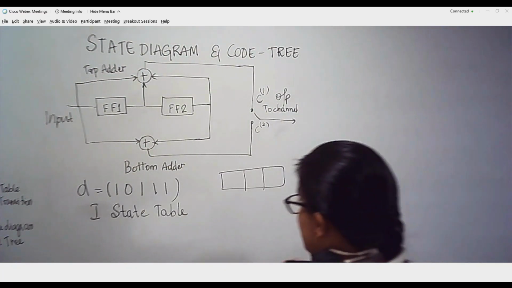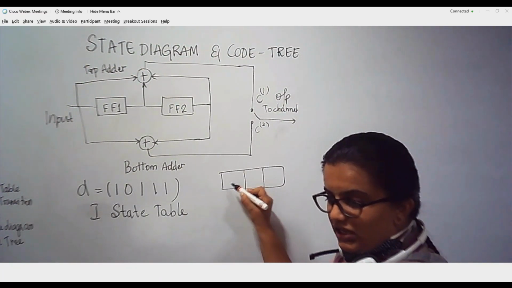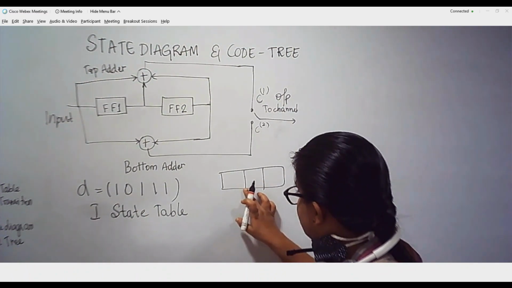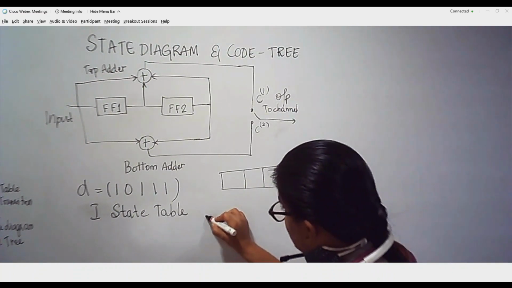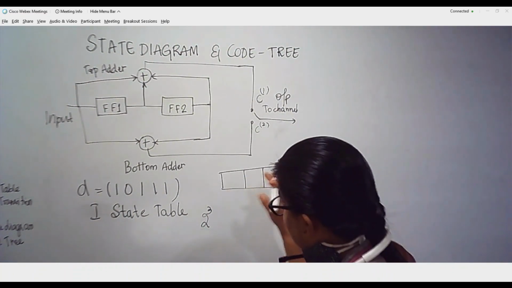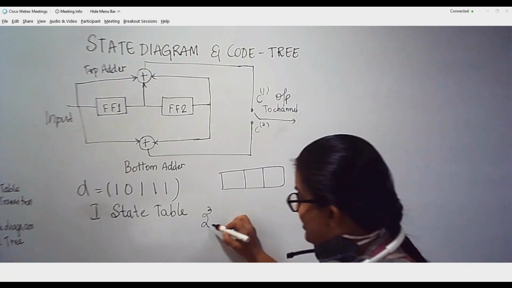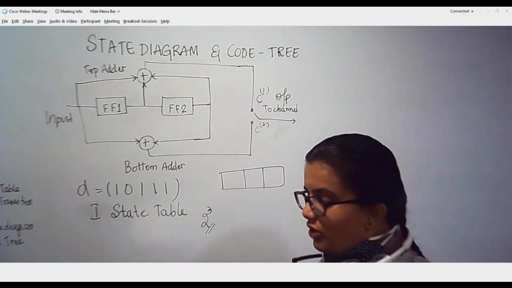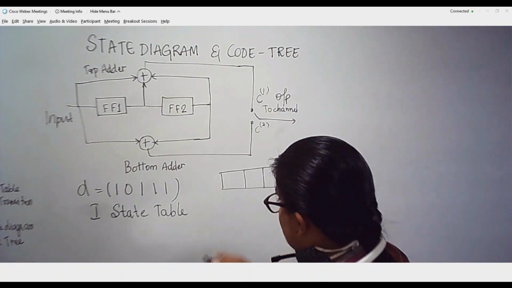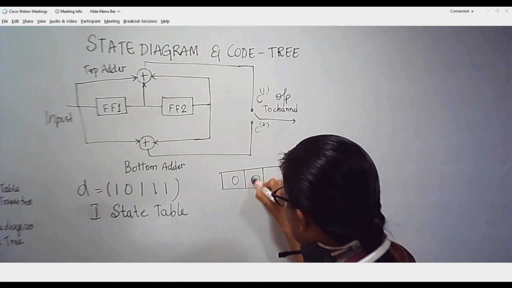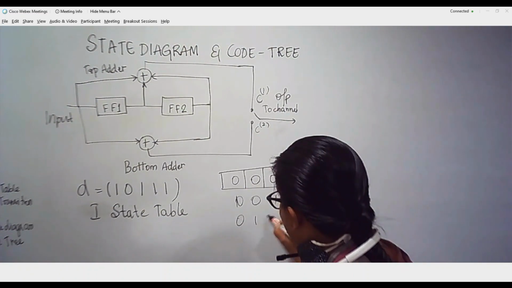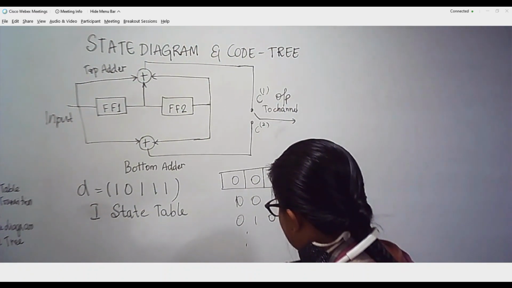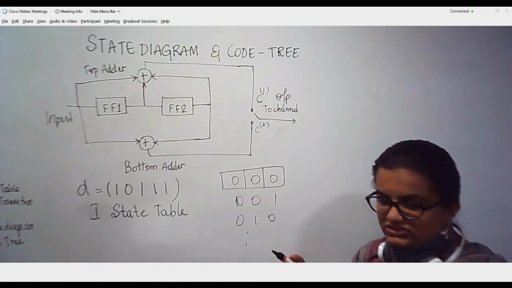The 3 flip-flops in the shift register can store, or come across, 2 raised to 3 possible valid combinations. That means from the all 0 combination to the all 1's combination, you will have all possible entries that might come into this shift register.